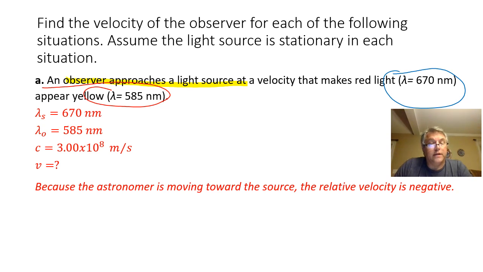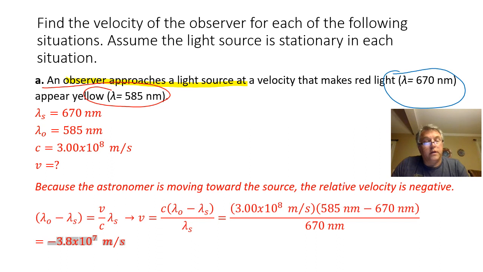So using my wavelength equation, the observed frequency minus the frequency of the source is going to equal the velocity divided by the speed of light times the wavelength of the source. When I rearrange this to solve for velocity, the velocity is going to equal the speed of light times the observed wavelength minus the source wavelength, divided by the source wavelength.